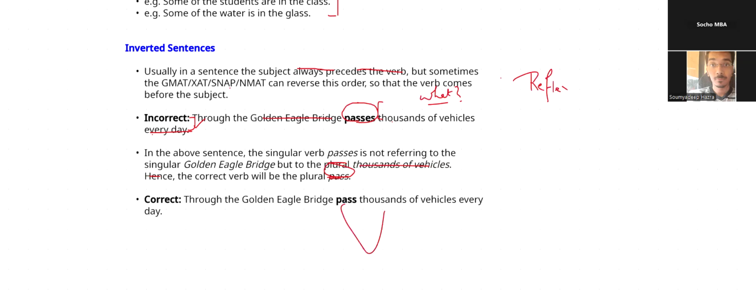Yes. I hope you got it. हाँ, sir, वो समझ गया कि आप thousands of vehicles को उस तरफ point कर रहे हैं, verb की तरफ, हाँ समझ गया. Got it? Chalo. These are the things that we need to remember in subject verb agreement.